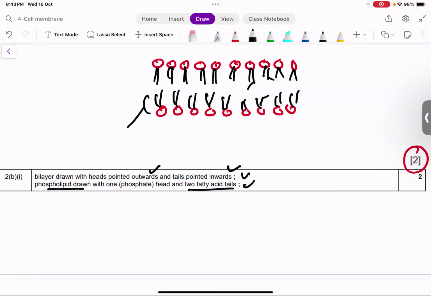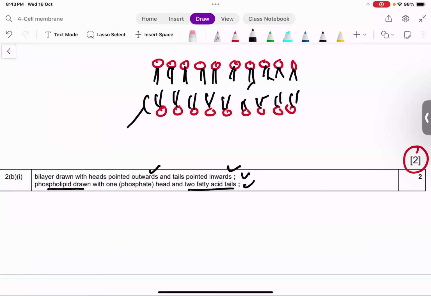Okay. Now we have another question. Figure 1.1 is a simple diagram of a phospholipid molecule. Explain how the structure of a phospholipid molecule makes it suitable for its function in cell membrane. You may label and annotate figure 1.1 as part of your answer.